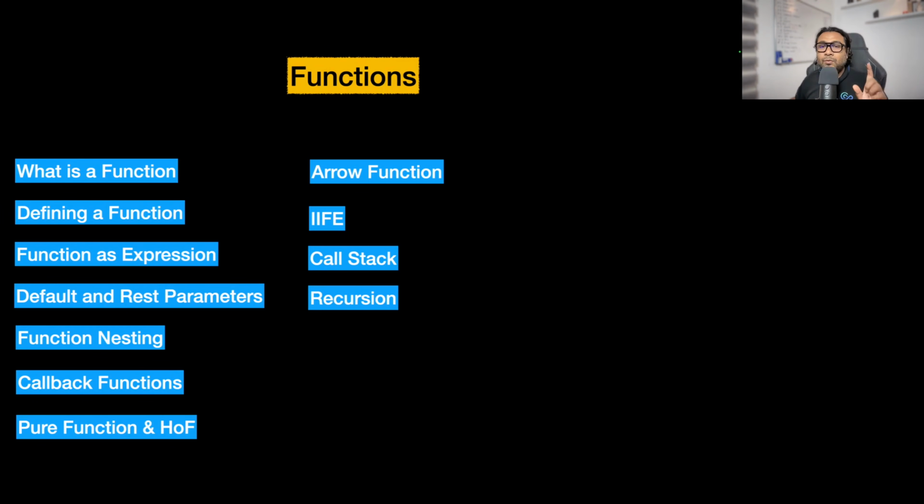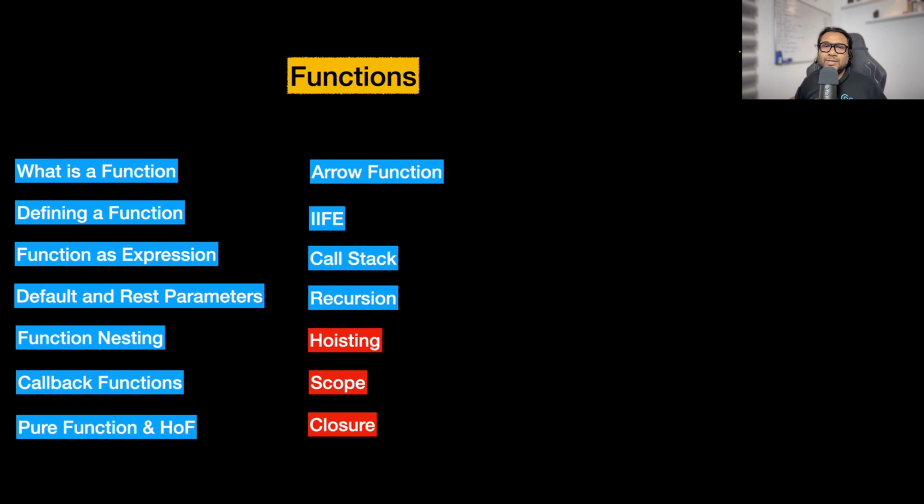There are a few things that we won't be covering as part of this video, though those might be related to functions. For example, hoisting, scope, and closure. The only reason we won't be covering them is that each of these things demands its own individual session.